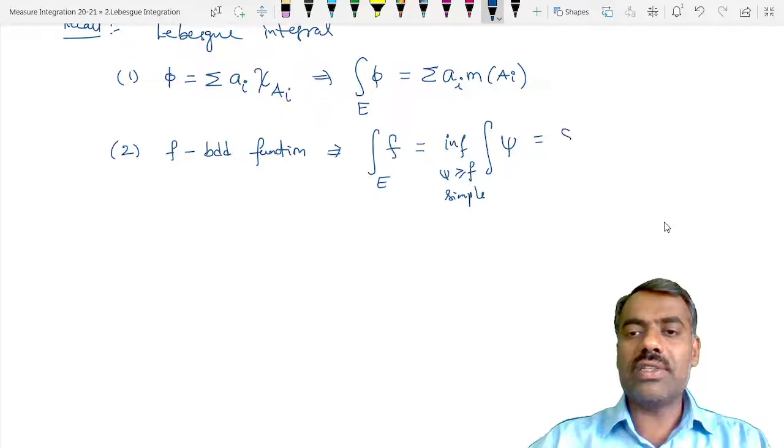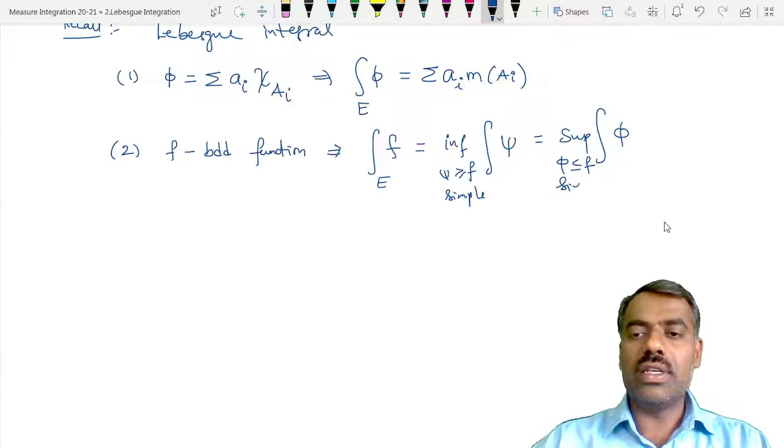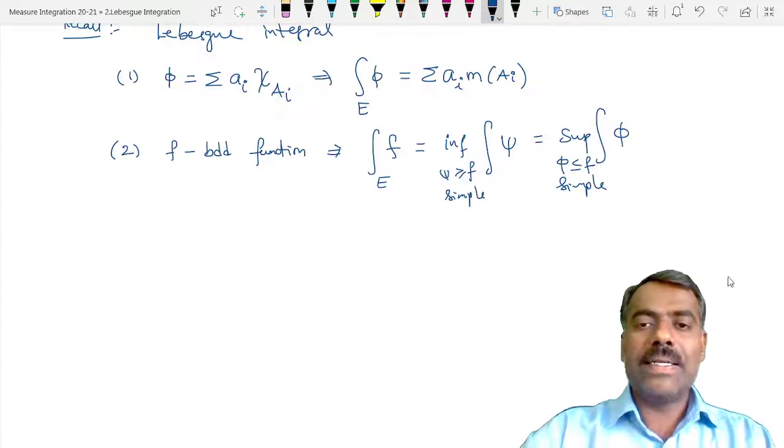This is also the same as the supremum of the integration of phi, where phi is less than or equal to f and phi is simple.